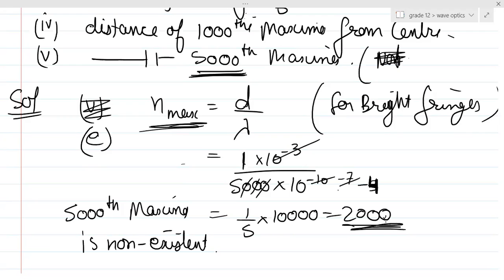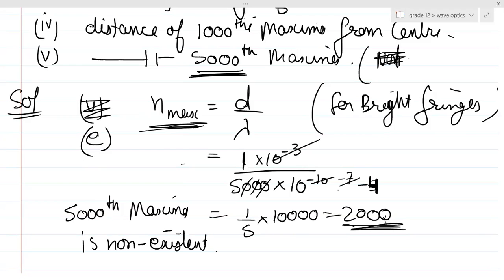I have taught you till mains level as of now, mains and NEET. Is it clear? Guys, is it clear? I am focusing mainly on the mains and NEET part as of now. So I have not focused on any part of advanced as of now. Is it clear?